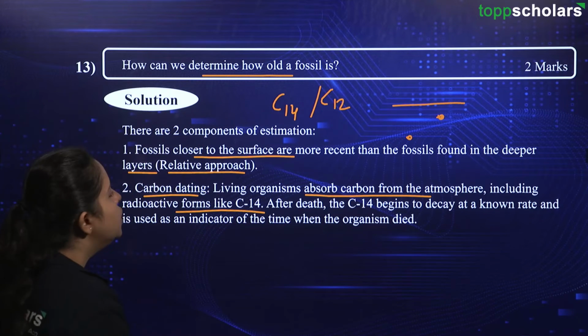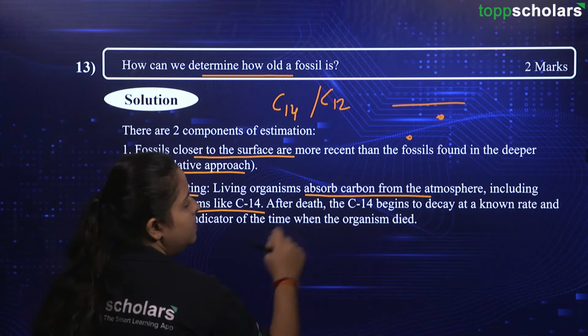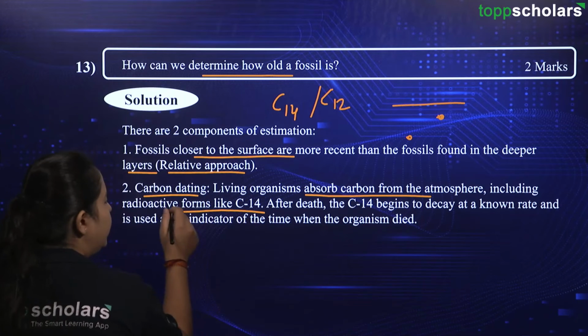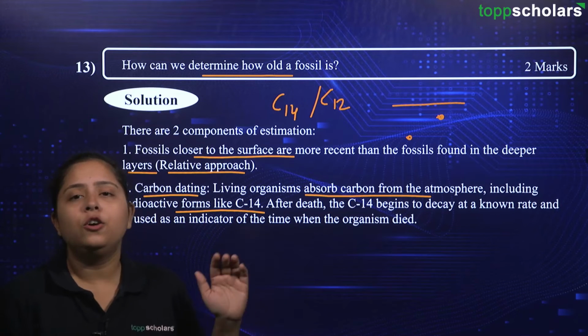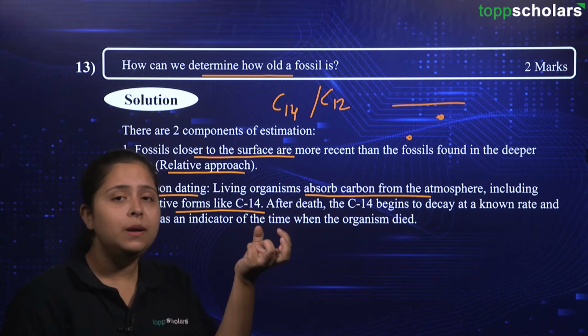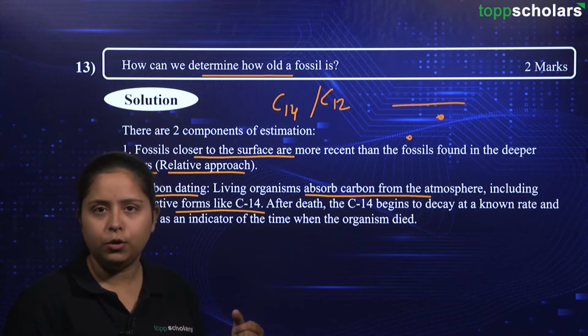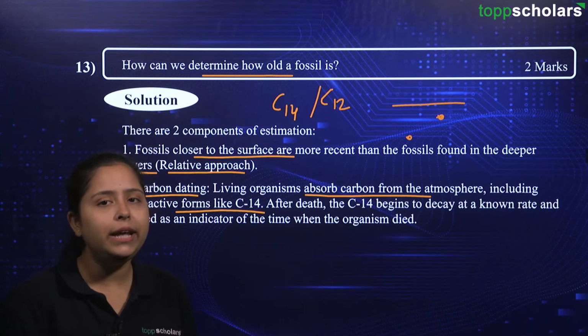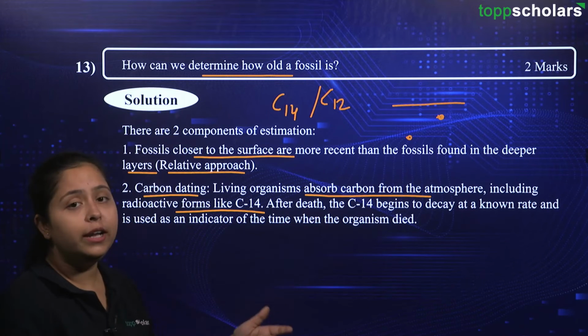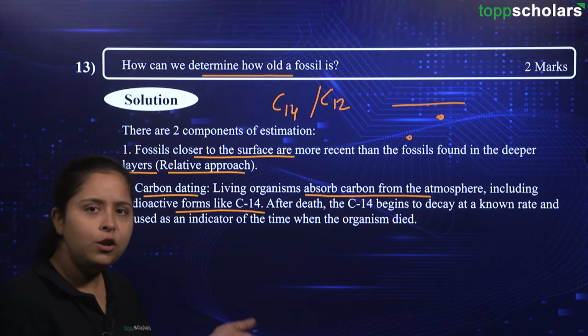So what happens is, after death the organism stops absorbing carbon. Now whatever carbon is present in that organism will start to decay. This C14 is radioactive, that means it will decay on its own.